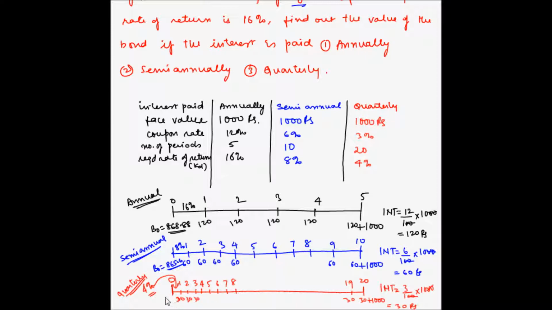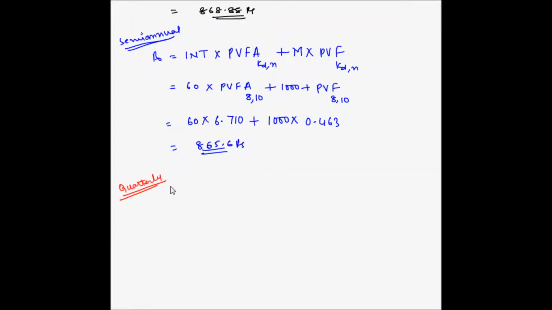Let us now find the value of the bond. So the formula remains the same. B0 is equal to INT into present value factor of an annuity with KDN plus M into present value factor of a lump sum with KDN.